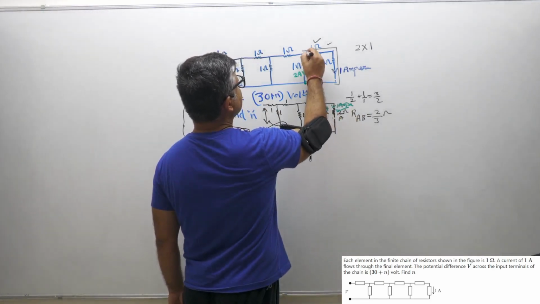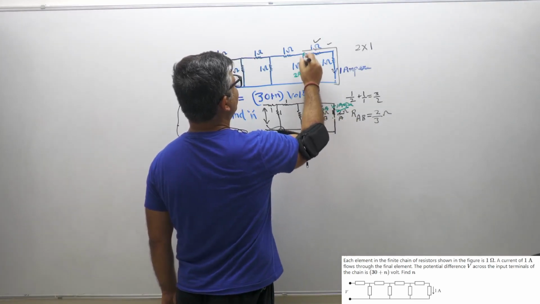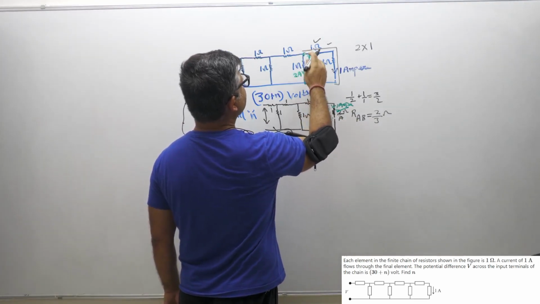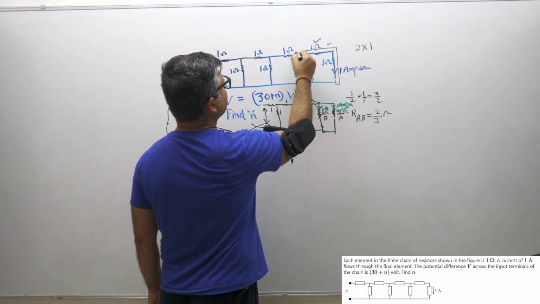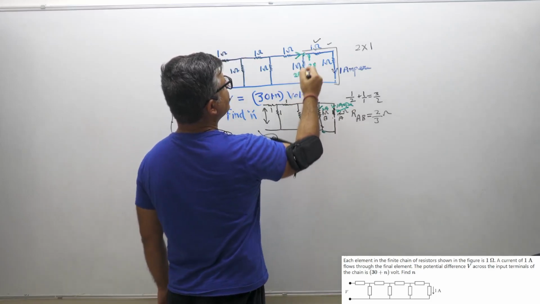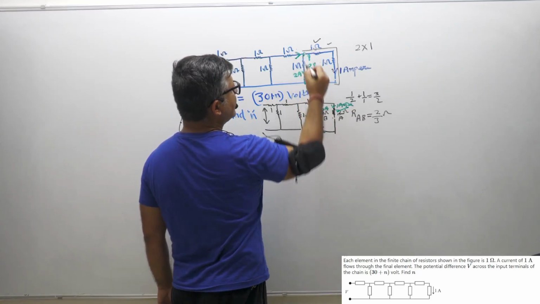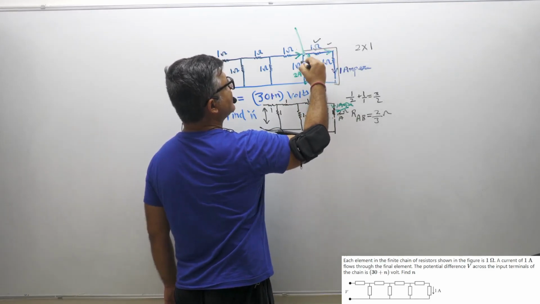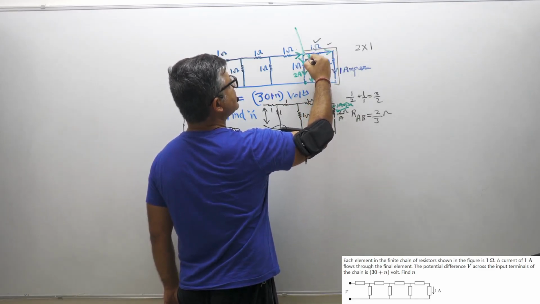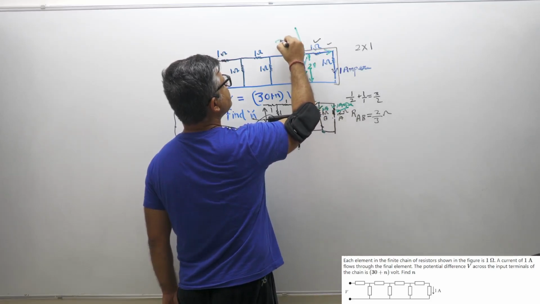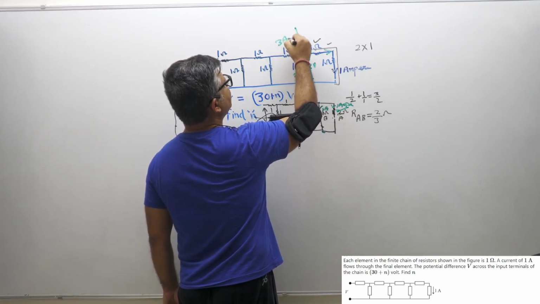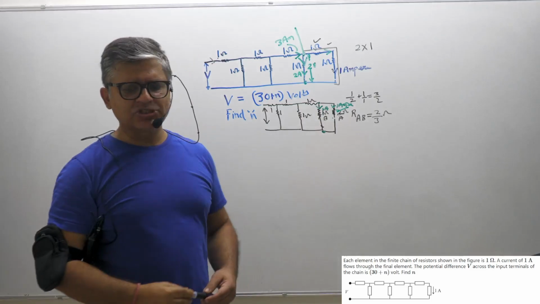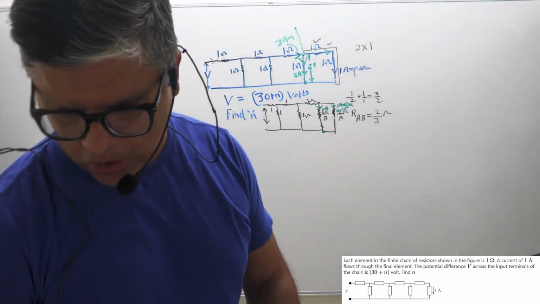If the potential here is 2 volts, the total current which is entering here is what? We apply Kirchhoff's current law here. 1 ampere is entering here and 2 amperes is entering here. So the total current here is 3 amperes, using Kirchhoff's current law.